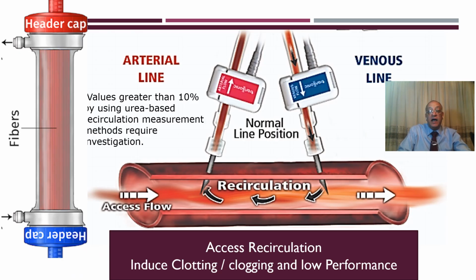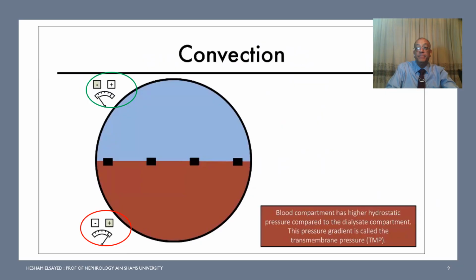Similarly, with access flow recirculation, meaning that in, out, and in blood flow recirculates again, this induces dialyzer clotting, clogging, and lower performance. So here the dialyzer is as well very innocent.